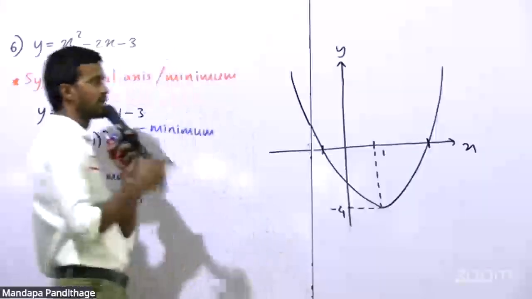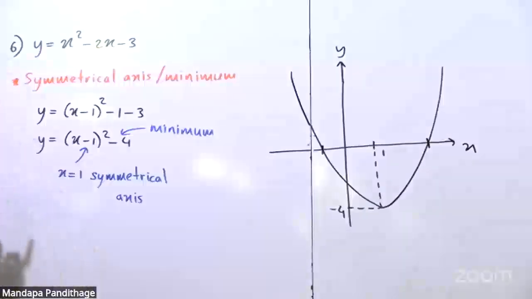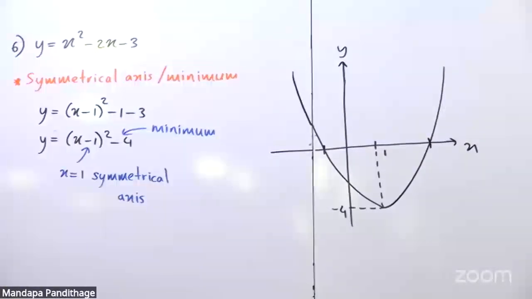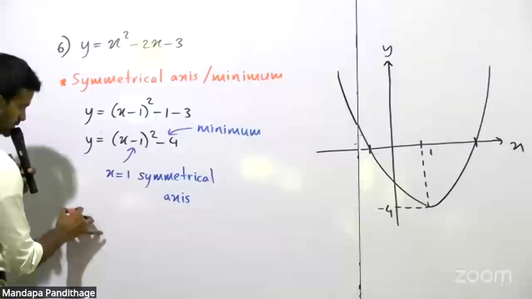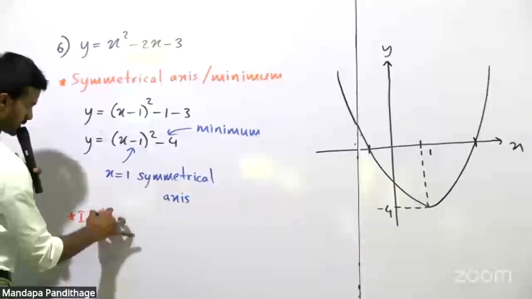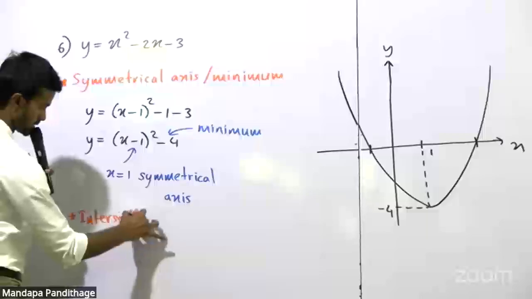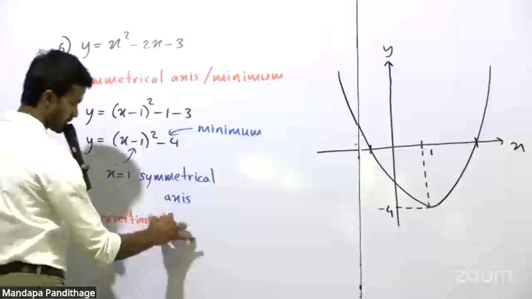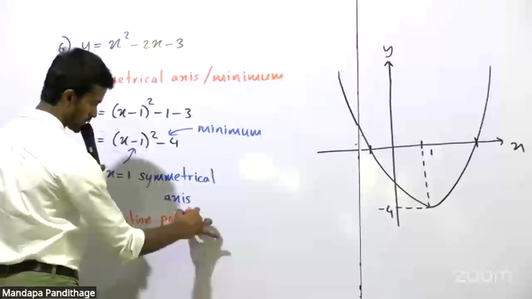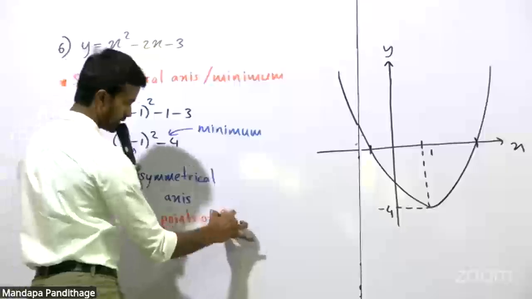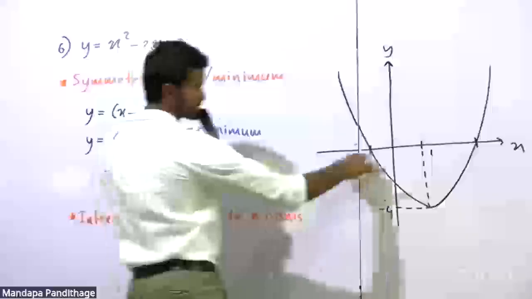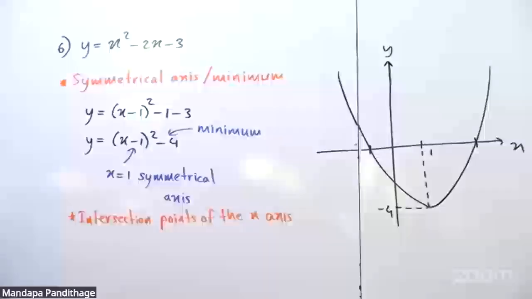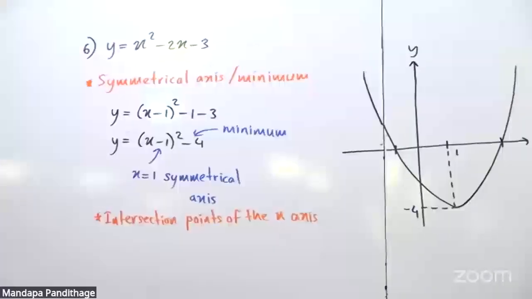So I explained how you can get the intersection points of the x-axis. At these points, the y coordinate is 0, so y becomes 0.